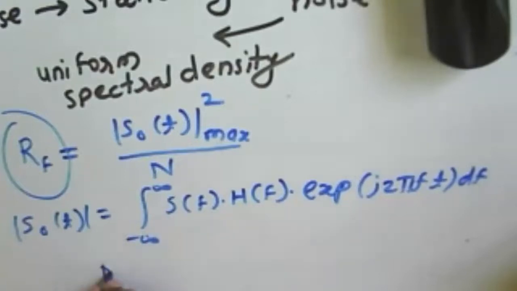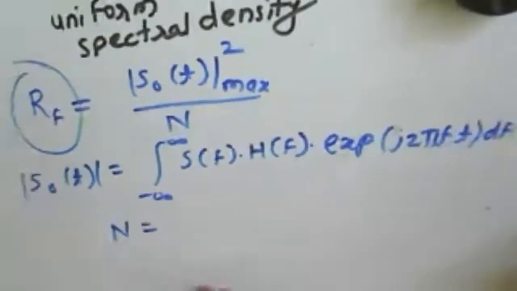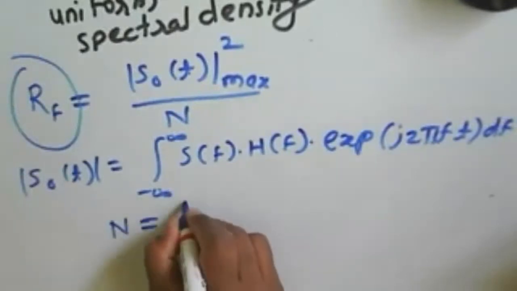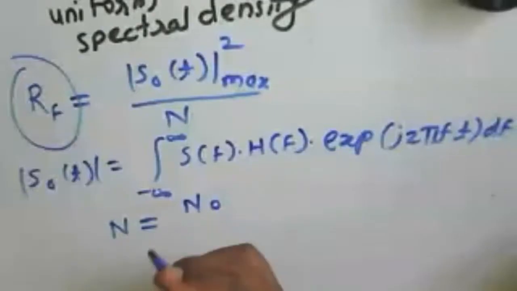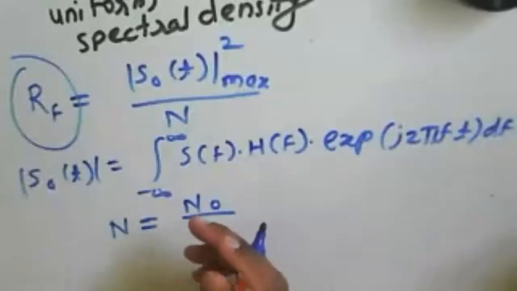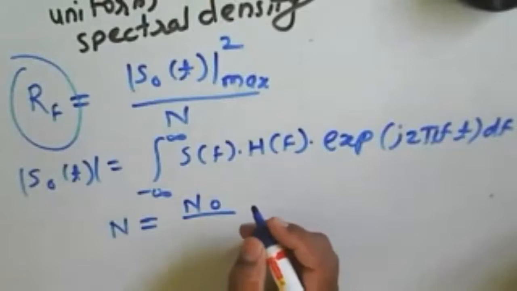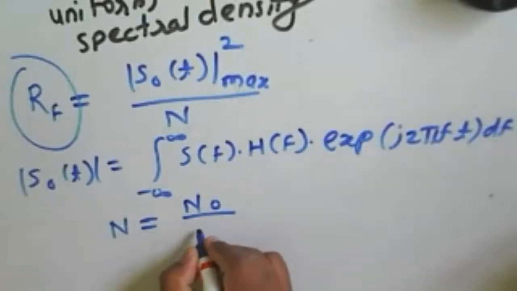So we can define the mean output noise power n0 as the input noise power per unit bandwidth divided by 2.